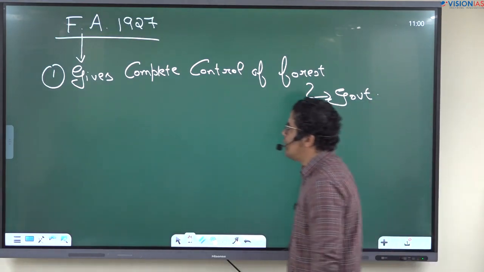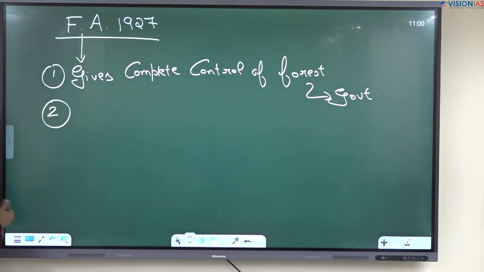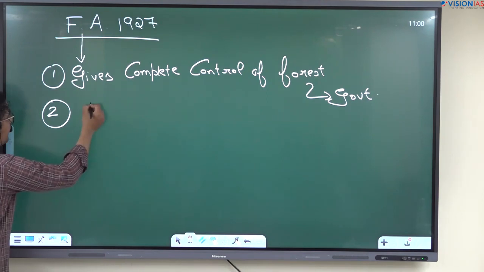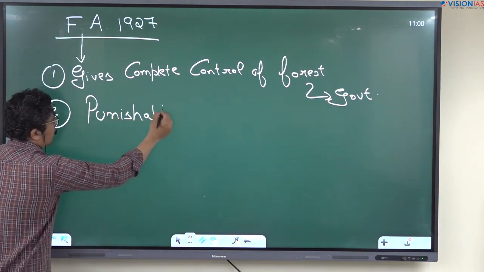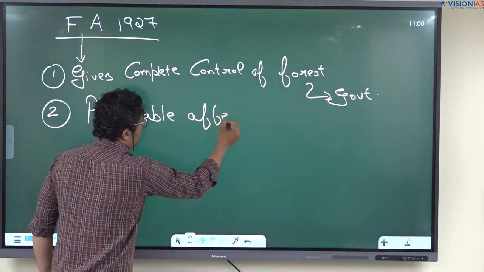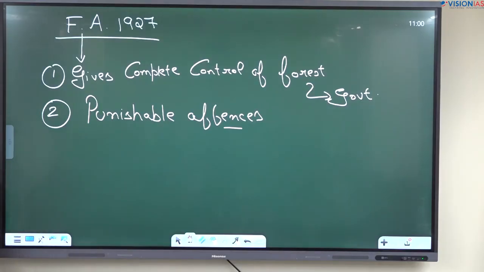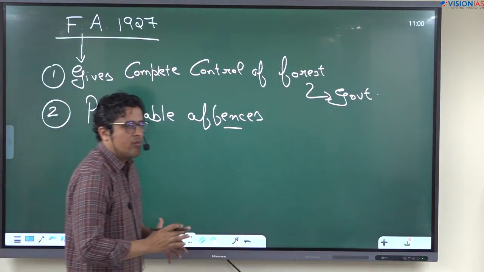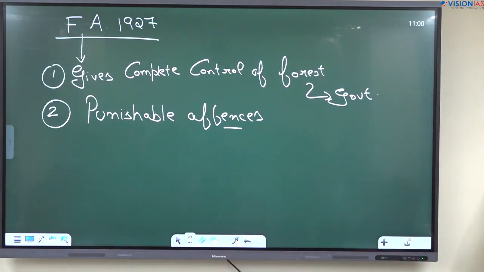Second reason why we follow this act. We follow this act because it defines punishable offenses. What is not allowed in the forest? What is not permitted in the forest? You cannot go inside the forest and cut a tree.